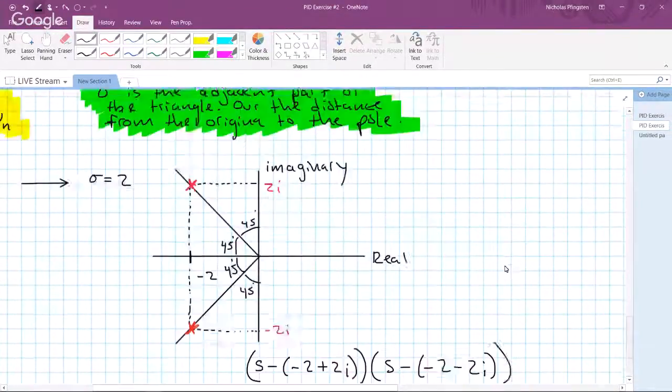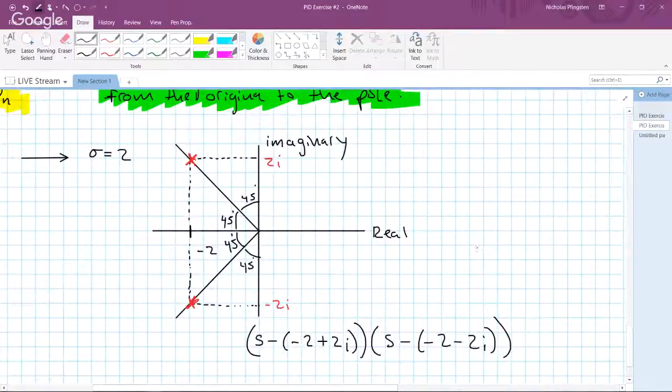And if people are confused about me just randomly writing negative 2 minus 2i, negative 2 plus 2i, the conjugate pair is just the setup for it. The standard is a plus or minus bi. That's the standard conjugate pair.